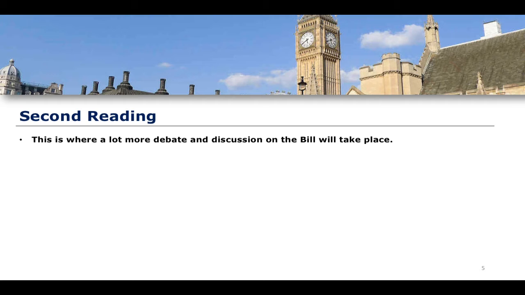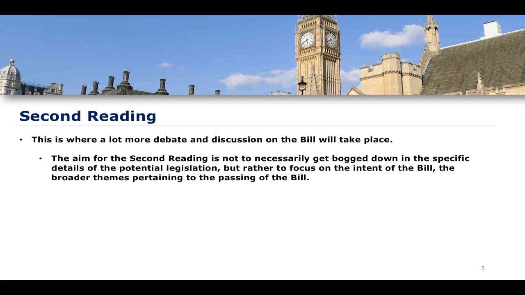Sometimes there might be discussion about very key provisions of the legislation, but there isn't that much in terms of the really minute details or specifics of the legislation. Rather, like I said, the second reading debates are supposed to focus on the intentionalities of the bill, the broader themes in the passing of the bill, the general policy implications of the bill. Like I said, sometimes there may be discussions about particular provisions, where those provisions are very broad or very all-encompassing or very important.